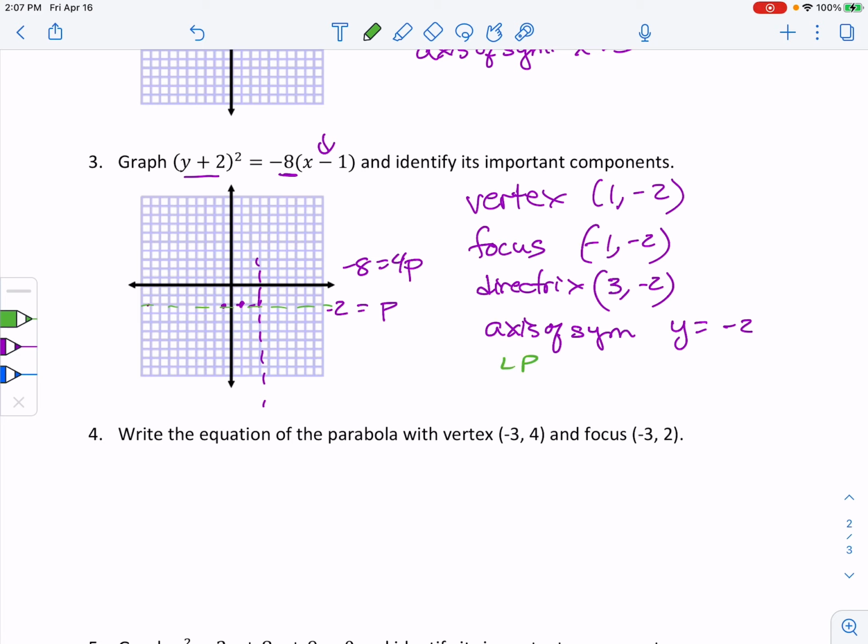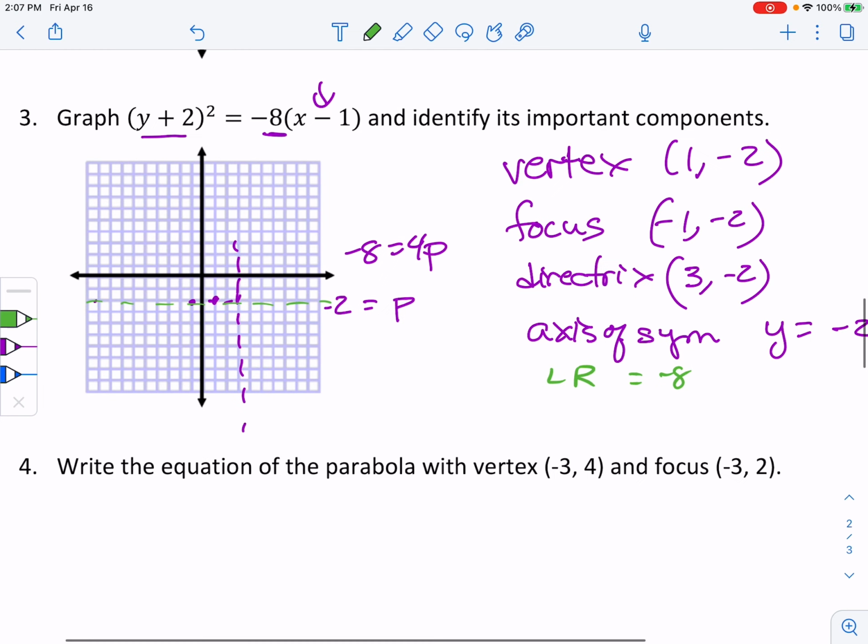My LR is equal to negative 8. So that means I can come over here to my focus. I can go 1, 2, 3, 4 that way, and 1, 2, 3, 4 that way. And my graph is doing this. See, it's helpful on that one.